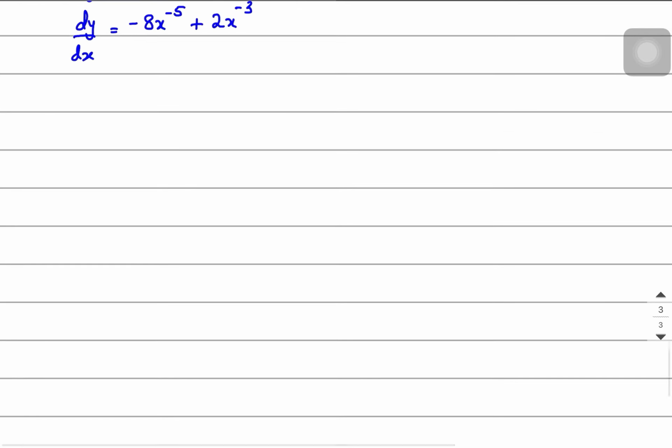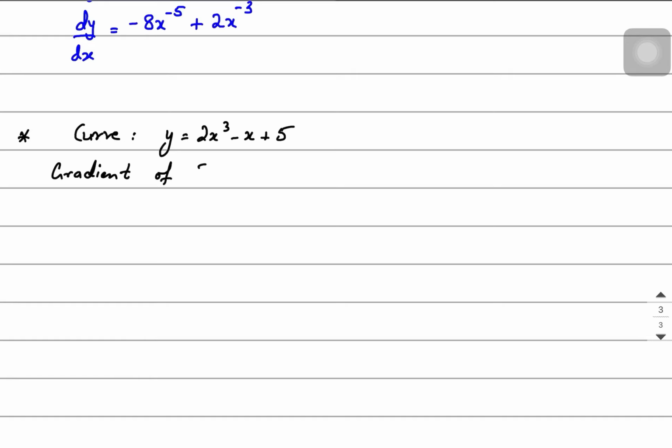What if I have a curve? A curve is given by y equals 2x cube minus x plus 5. And they are asking for the gradient of tangent at x equals to 1.